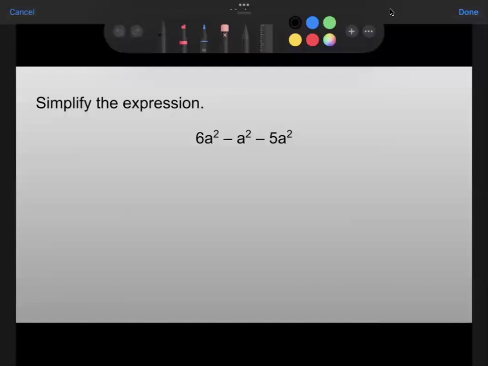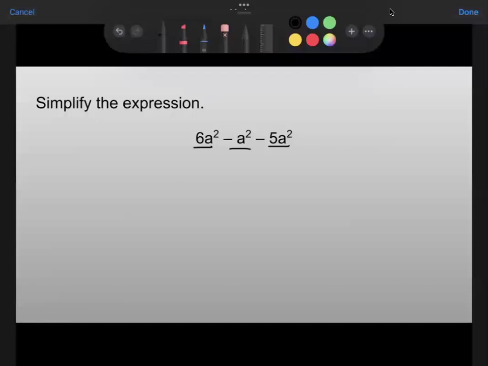Okay, here is our last one for this video. So we are going to be simplifying 6a squared minus a squared minus 5a squared. Again, looking at this, I don't see any parentheses, so I don't see any use of the distribution property here, but we do have some like terms. All 3 of these terms have the same variable to the same power, a squared.